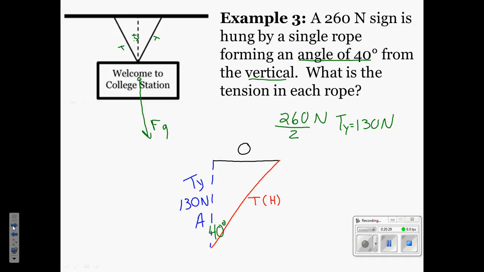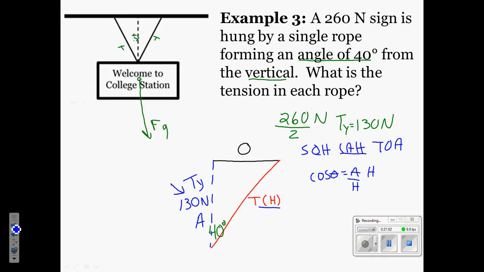If you haven't memorized this by now, remember you can use SOHCAHTOA, and I know that I need to find H, and I already have A. So H and A, I look over here, who has H and A in it. This does, so that's cosine of the angle.